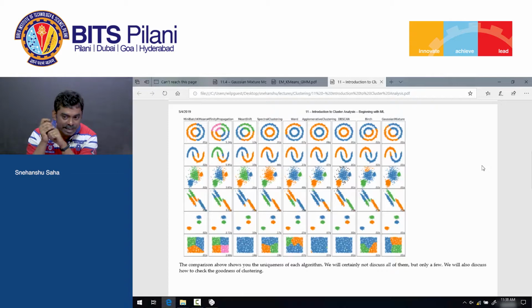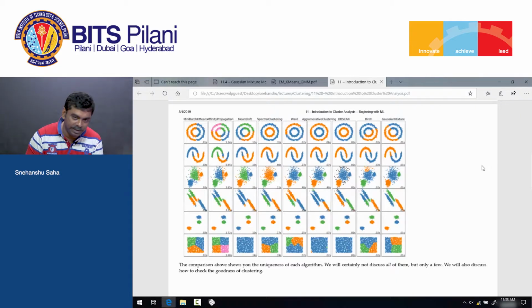Assign that data point to the cluster where the distance is the minimum. Do that across all points, and as and when points come in, you determine based on proximity which cluster or group this data point should belong to.